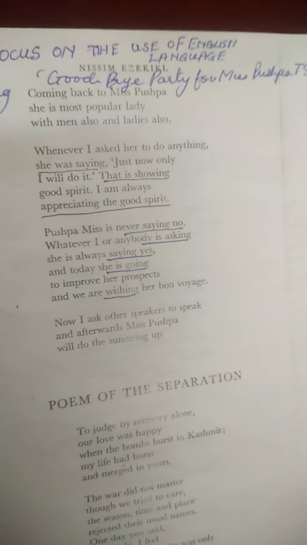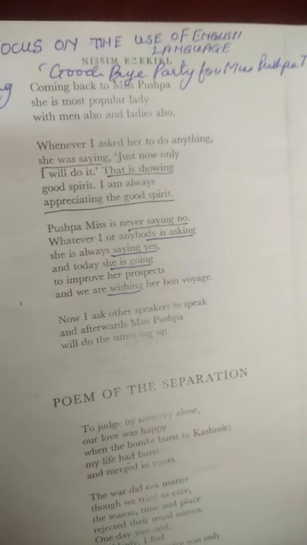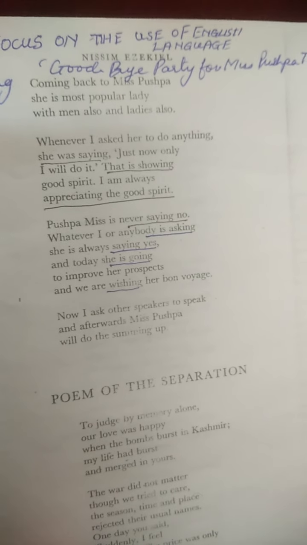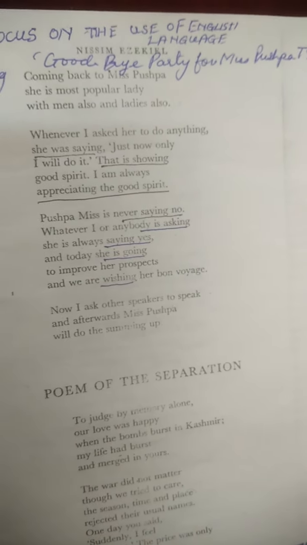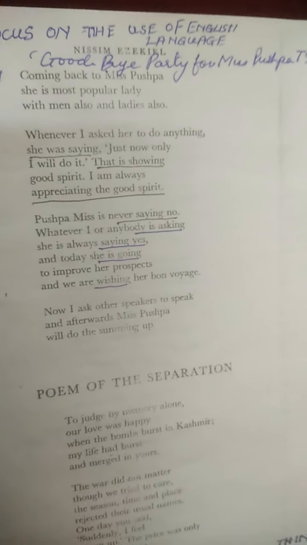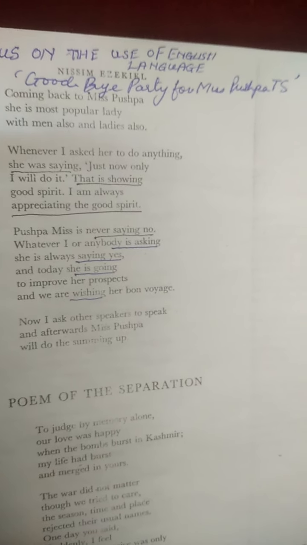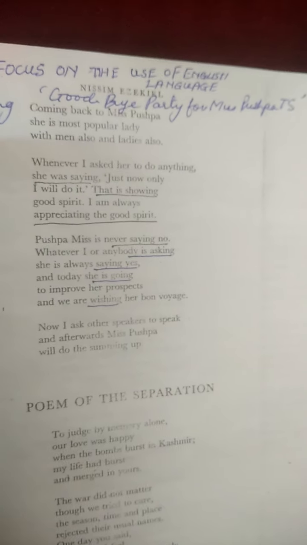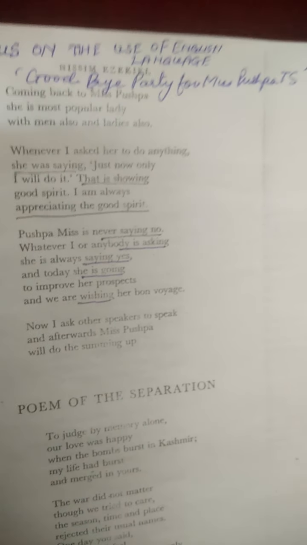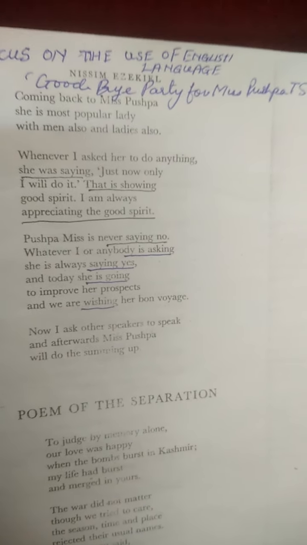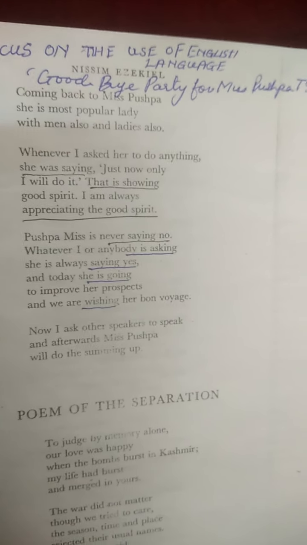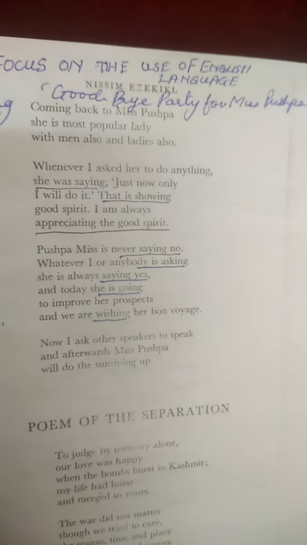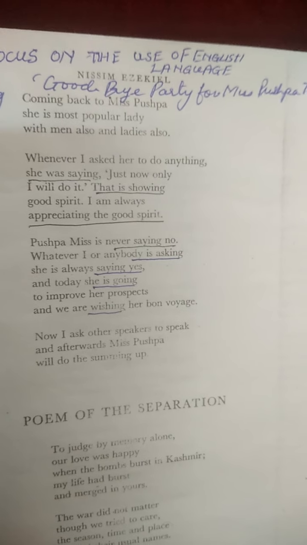Now, the other aspect that I would like to highlight today, since, dear students, you must have queries about the use of English language. In the last part, we discussed in much detail the mistakes, the blunders that the speaker has committed in this valedictory address.